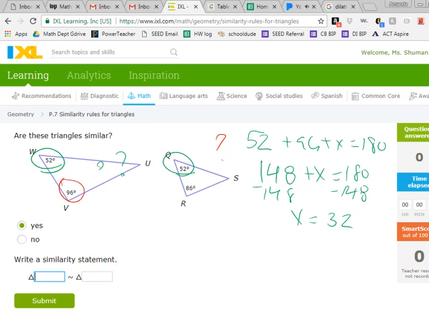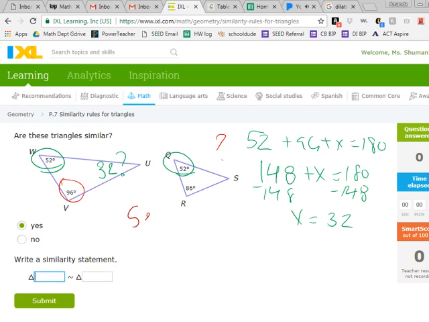Now, if I have 32 over here, am I going to be able to get a 96 over here? We have to think about that. If we're not sure, we can always figure out what the three angles have to be in this other triangle. So it's the same thing.